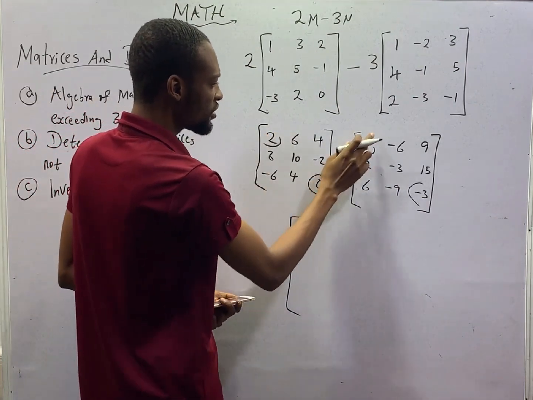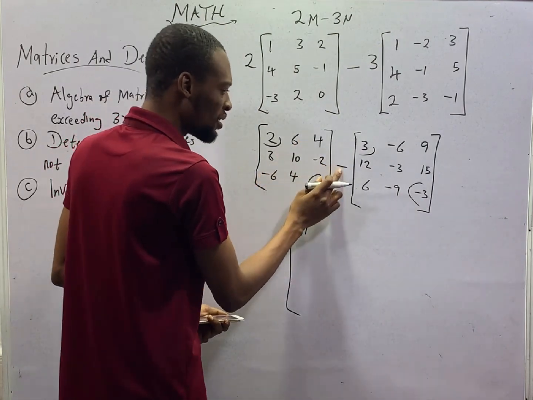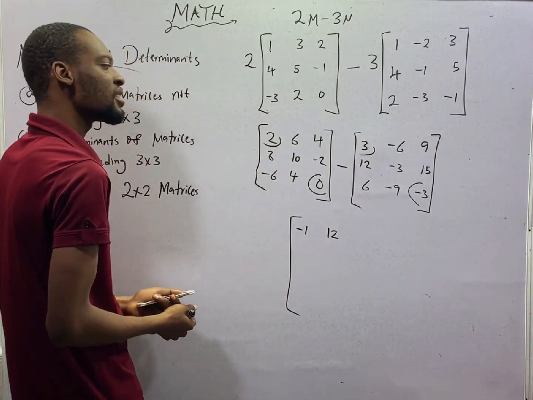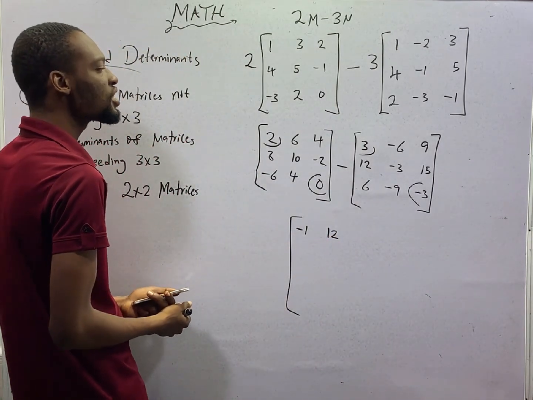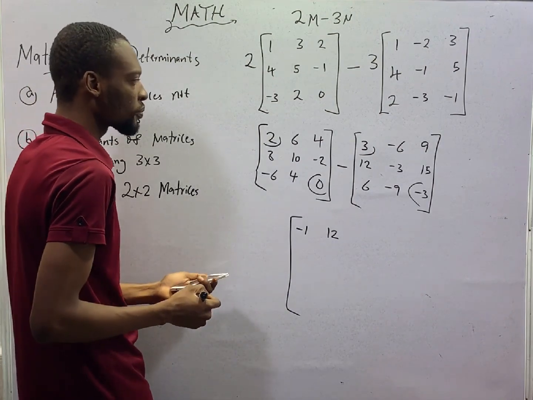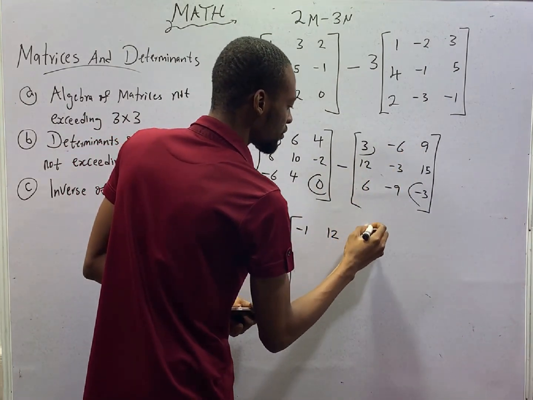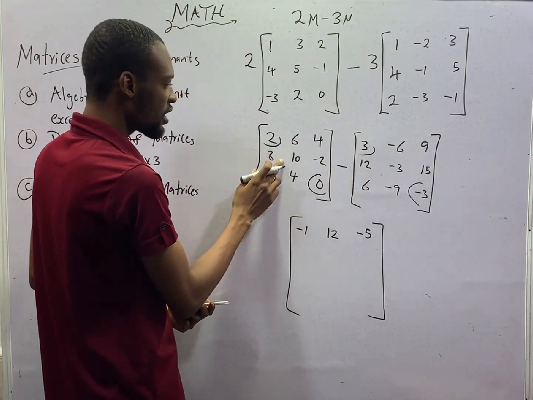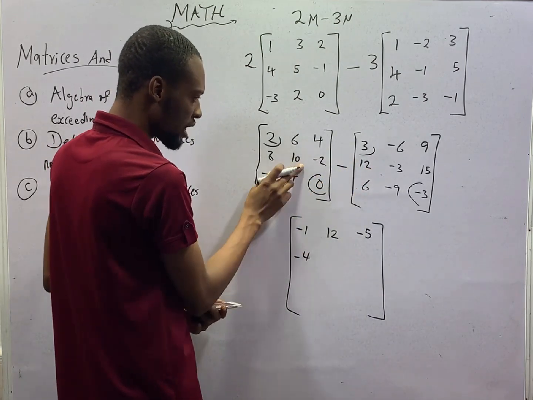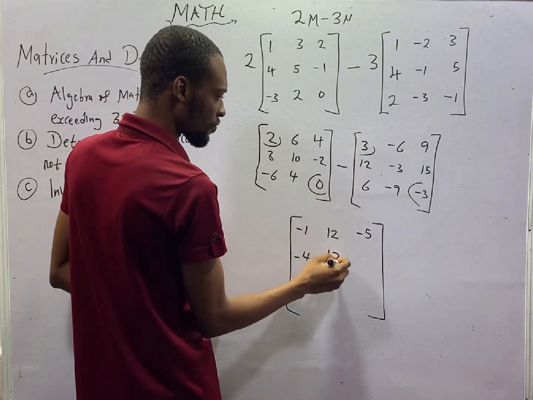2 minus 3 is minus 1. 6 minus minus 6 is 12. Minus 6 is plus 6, so 6 minus minus 6 is 6 plus 6. That is 12. 4 minus 9 is minus 5. 8 minus 12, that is minus 4. 10 minus 3, that is 13.